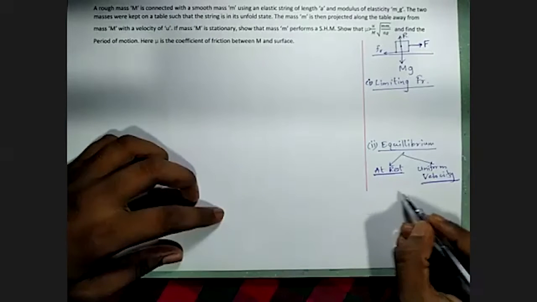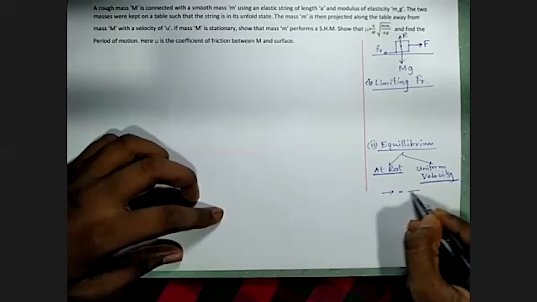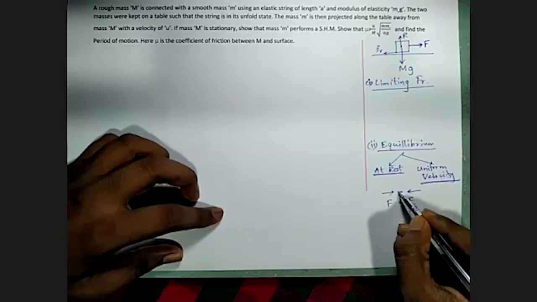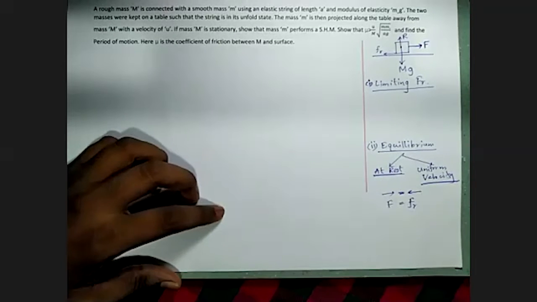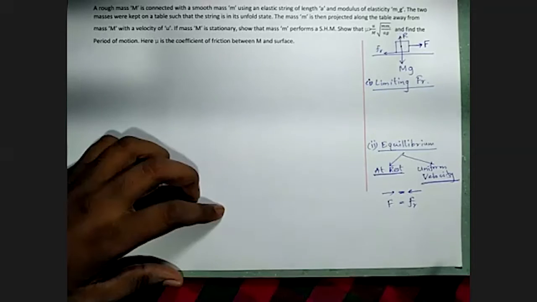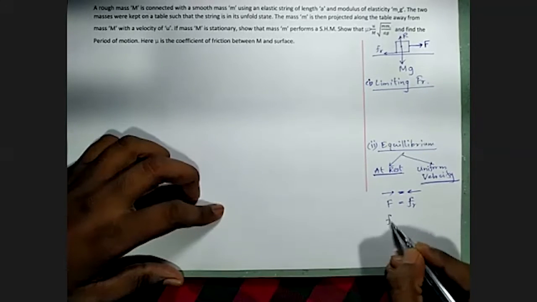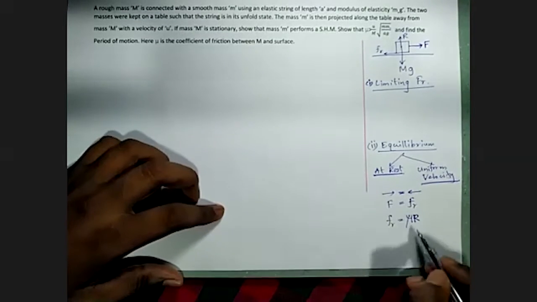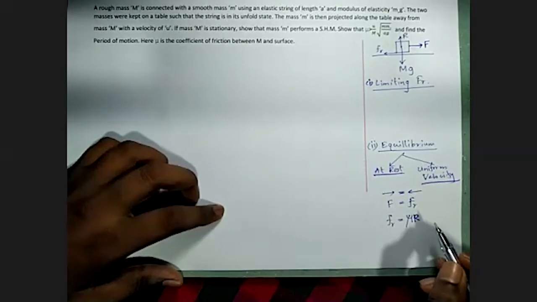If this is in equilibrium state, we can say applied force is equivalent to friction force. Frictional force is the product of mu R. What is this mu? Mu is the coefficient of friction.